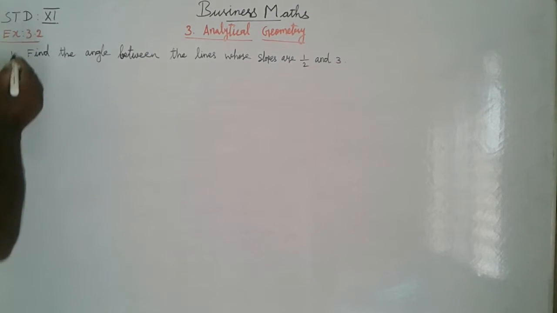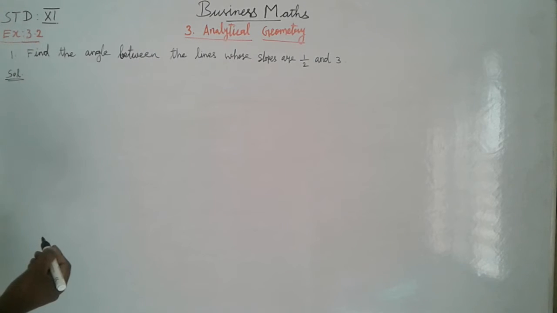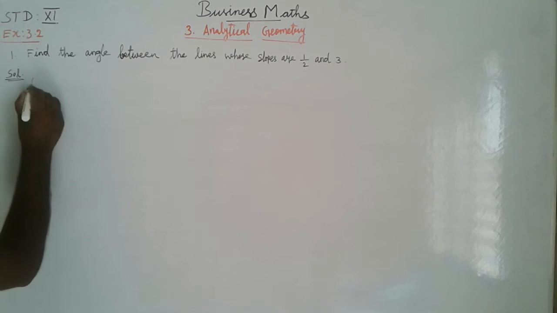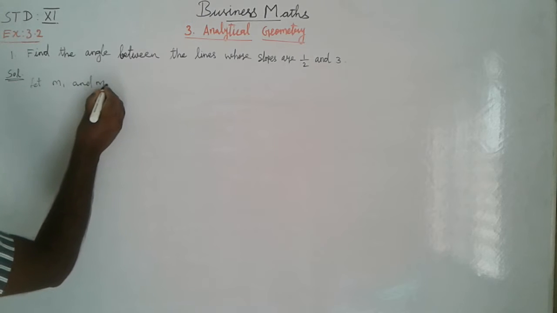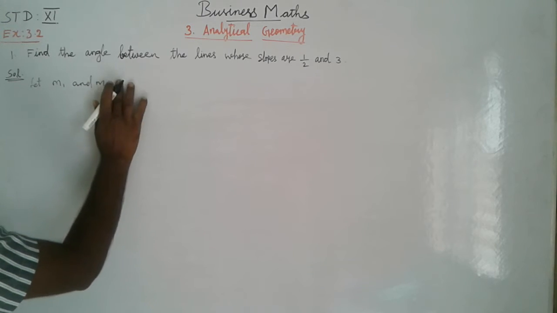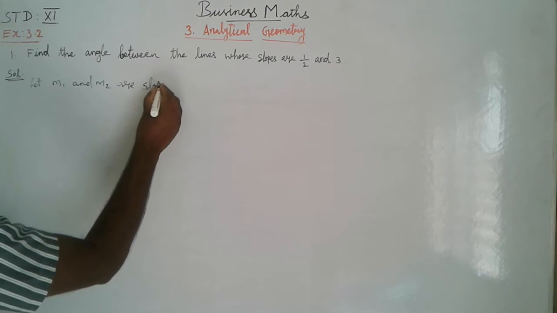Exercise 3.2, first sum: find the angle between the lines whose slopes are 1 by 2 and 3. Let m1 and m2 be the slopes.